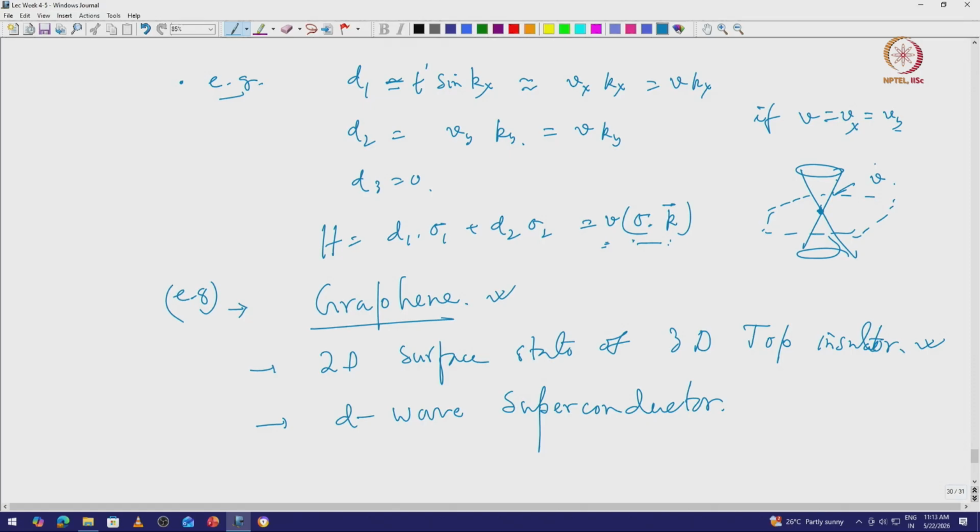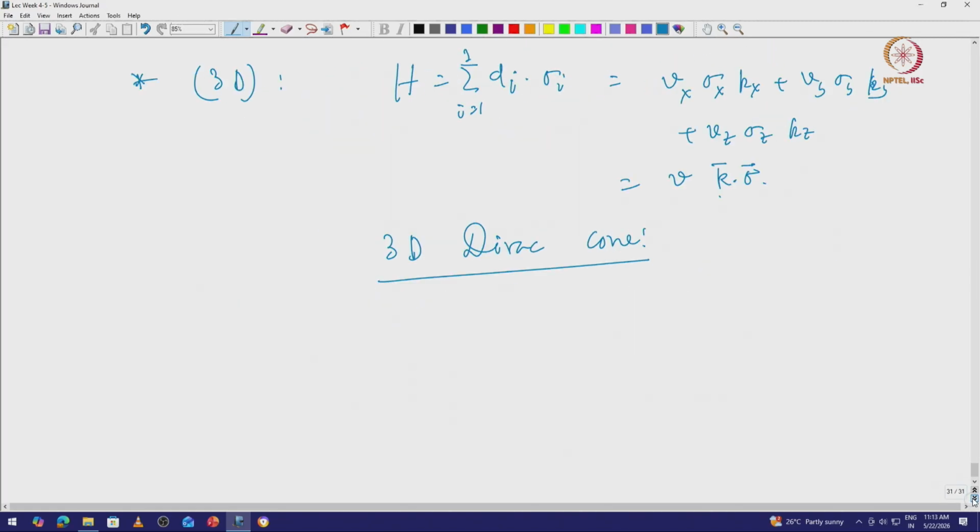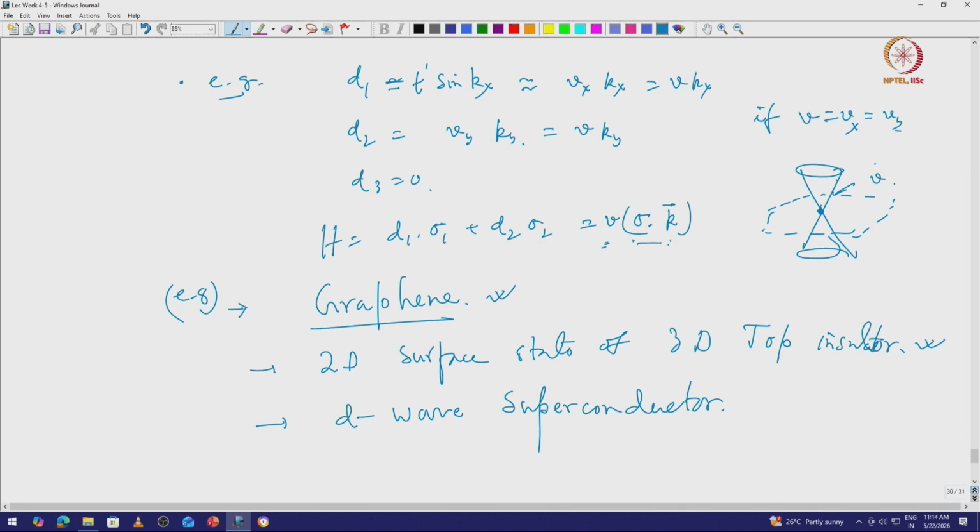But in some lattice you can also have this term in some complicated way and this term in a complicated way, they are called warping terms. So, that means the actual Fermi surface, and the chemical potential is somewhere here, and these are not really very small k points. You are supposed to get a circular Fermi surface, but these k's are not really small.